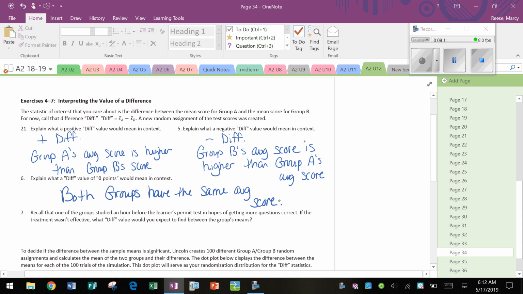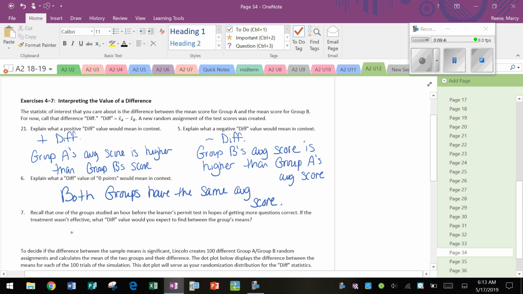All right, recall that one of the groups studied an hour before the learner's permit in hopes of getting more questions correct. If the treatment wasn't affected, what diff value would you expect to find between the groups' means? What would you think?